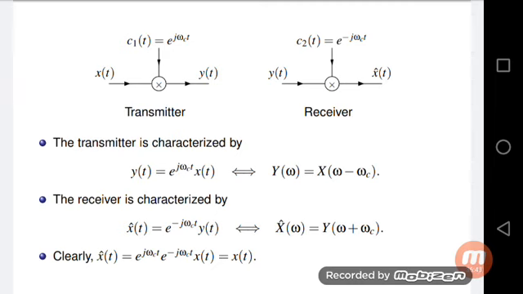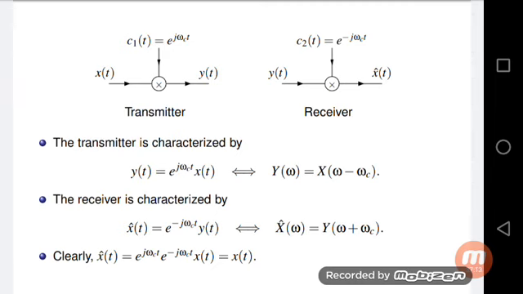Omega c is the carrier frequency. On the receiver side, x cap of t equals e to the power minus j omega c t times y of t.